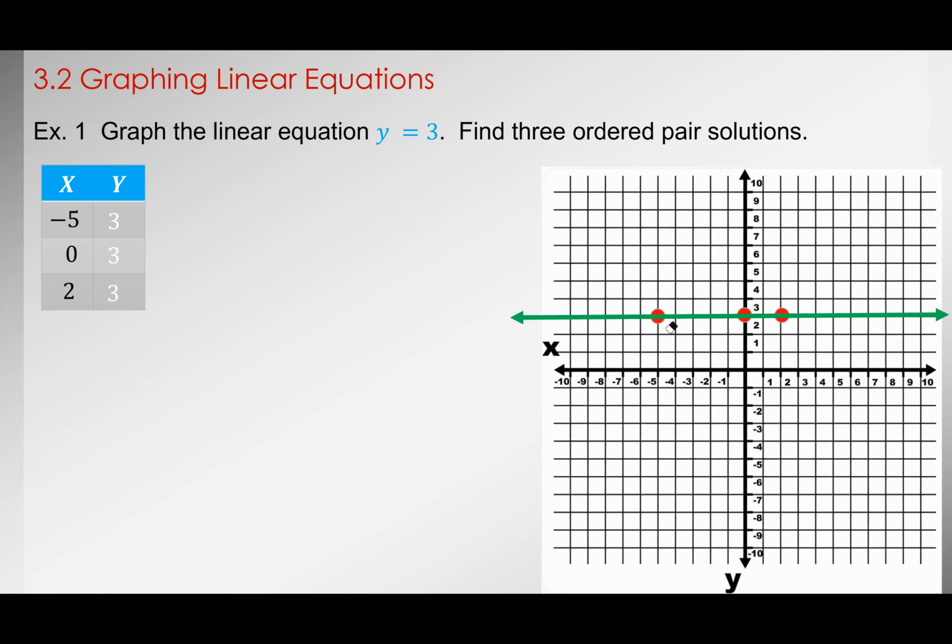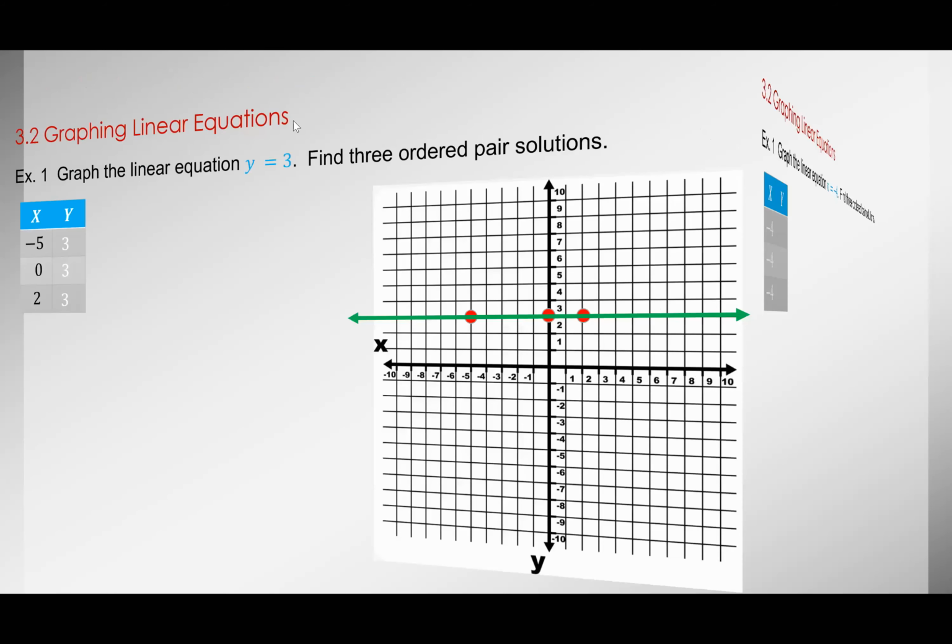It doesn't matter what you pick for x, the red dot can be anywhere along this green line, and along this green line my y is equal to 3.